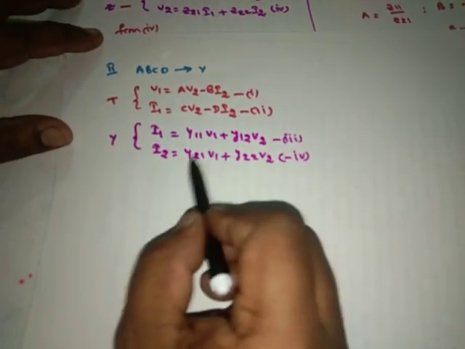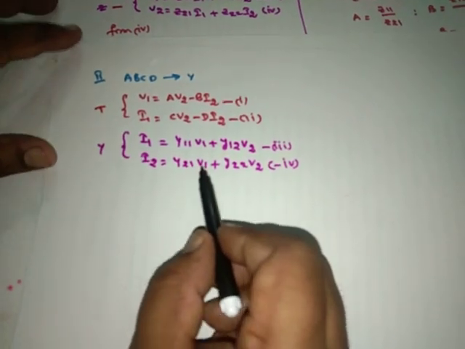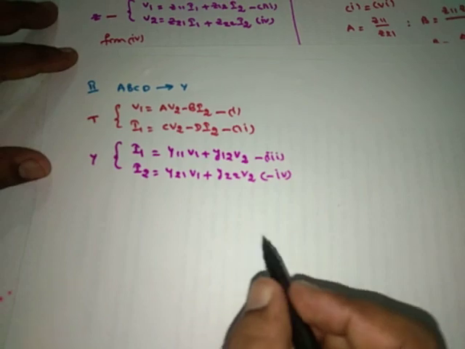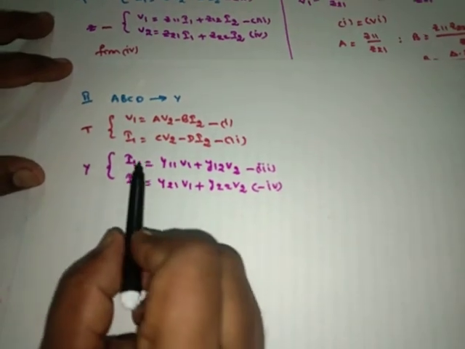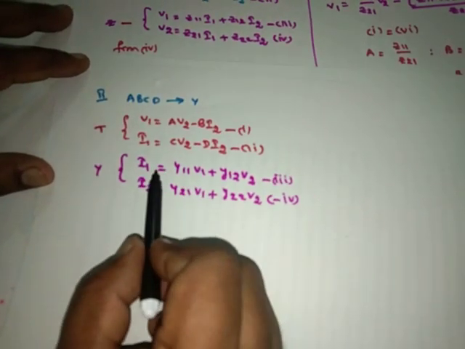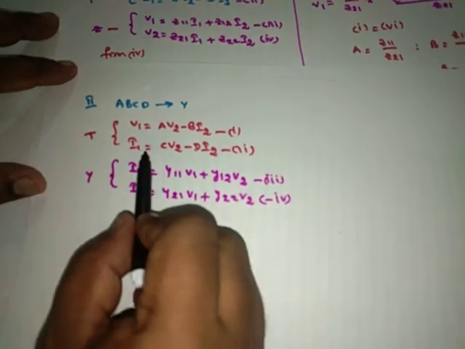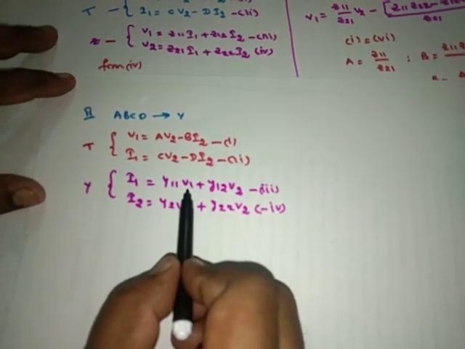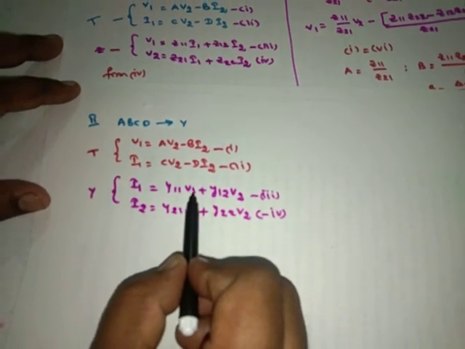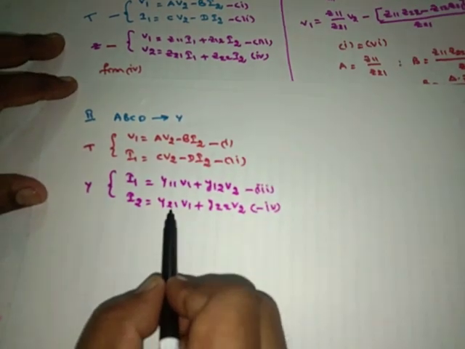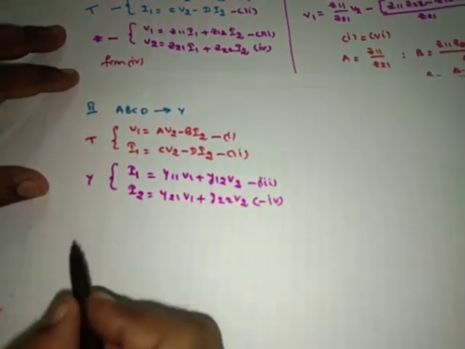Now the procedure is to express the Y parameter basic equations in the form of T. Observe here, already here I1, here also I1. I1 depends upon V2 here, and here also I1 depends upon V2. The only thing is, here it is V1, so replace V1. By using 4, find out V1.